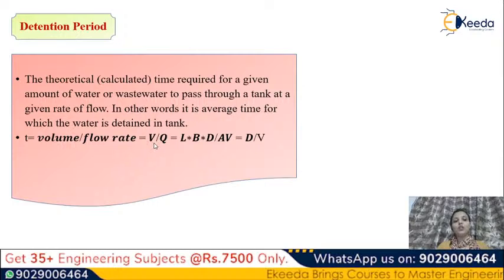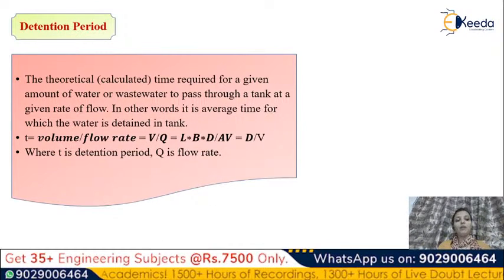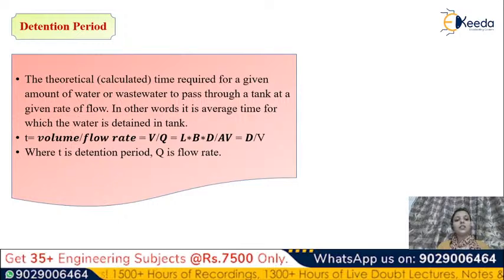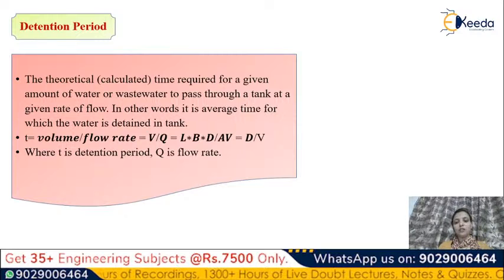The unit of volume is meter cube, and the unit of flow rate is meter cube per second or per hour. So ultimately you will get the answer in seconds, hours or days. T is the detention period, V is the volume, and Q is the flow rate.